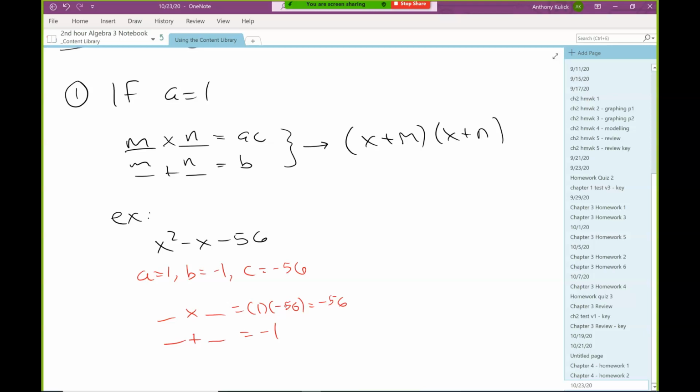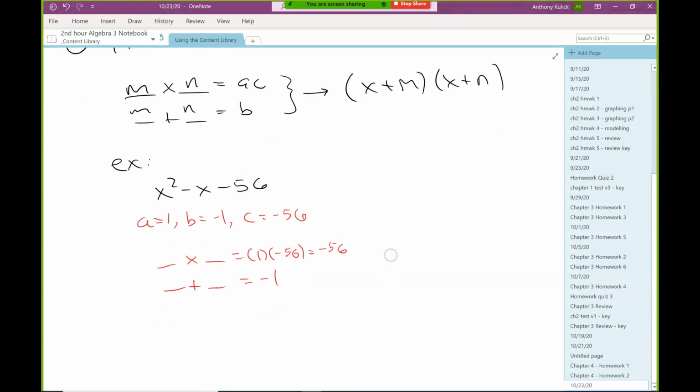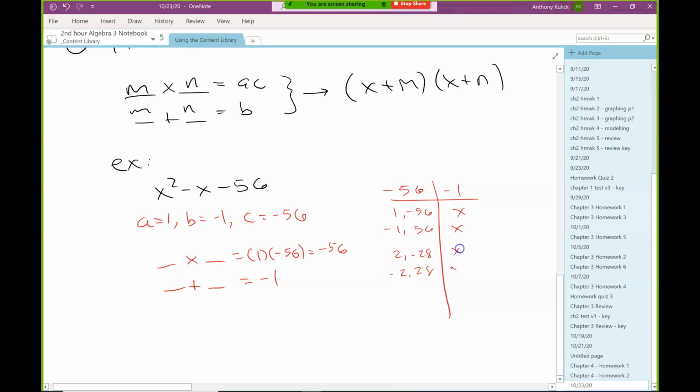Okay, that's all right. So we can always check this by just making a list. We'll start with things that multiply to give us negative 56. So 1 and negative 56, or negative 1 and positive 56. Neither of those add to give us negative 1. There's 2 and negative 28, or negative 2 and positive 28. Those don't work.